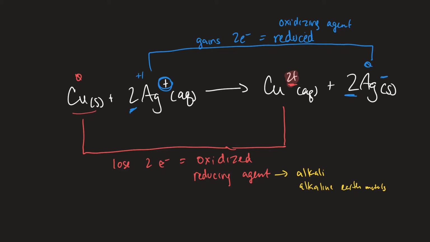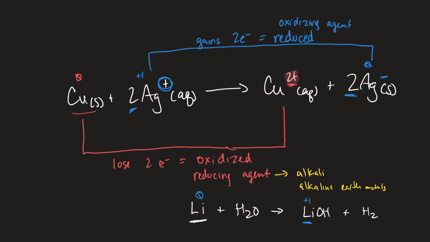When you think about it this way, let me just give you an example. If you have lithium react with water, what you're going to have is lithium hydroxide plus H2. What you see here is that lithium on this side has no charge, but lithium on this side has a +1 charge.